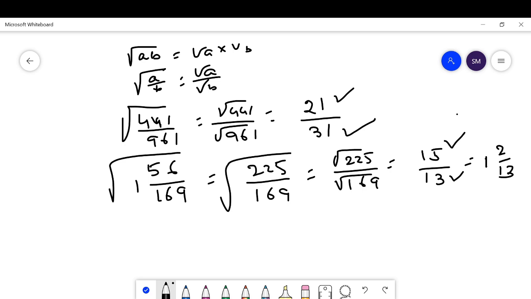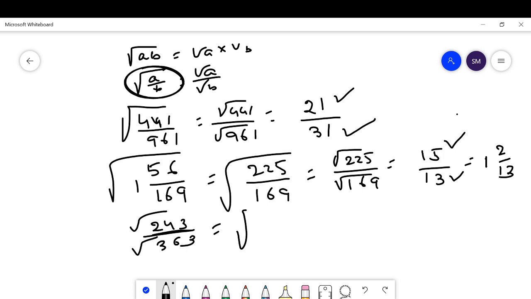Suppose you have to find out the square root of 243 upon 363. Look here: square root of A upon square root of B can be written like this. Then you can write 243 upon 363.